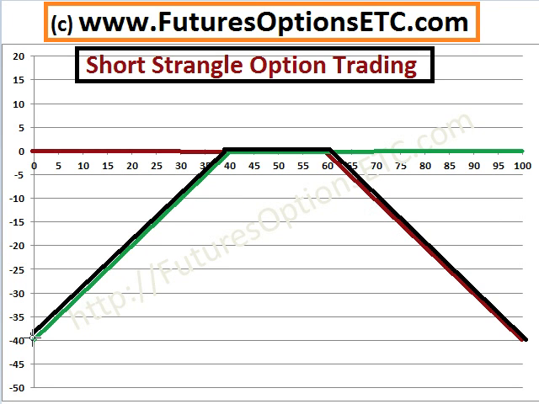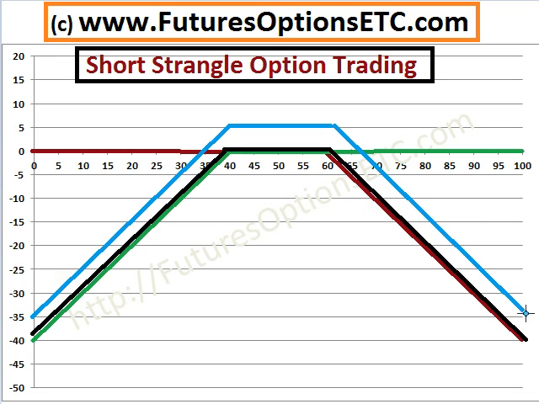So whatever is at 40 will shift to 35. So let's take this blue color and see how this particular thing will look. Whatever is at 40 will move to 35, whatever is at 0 will move to plus 5, and so on. So this is how the net payoff function for a short strangle option trade would look like.